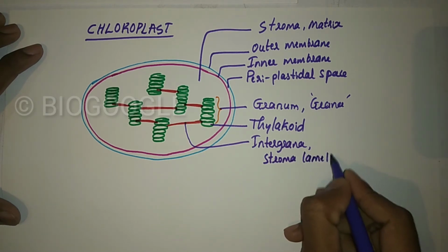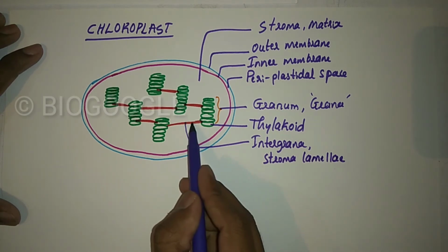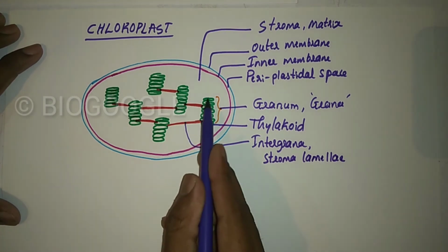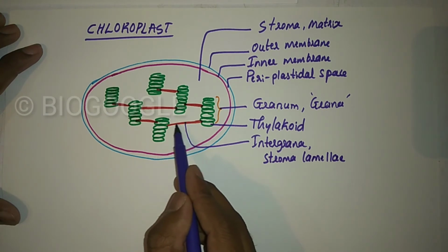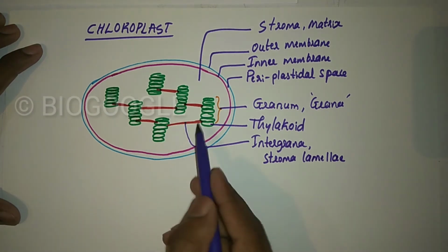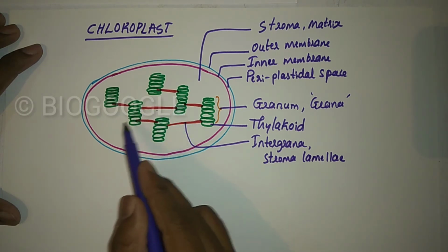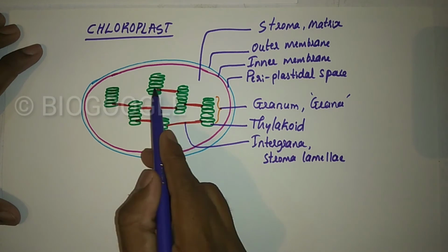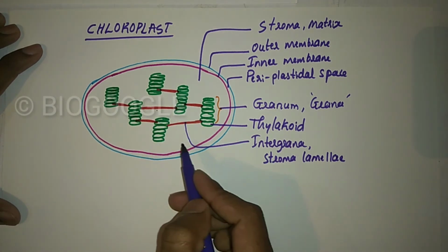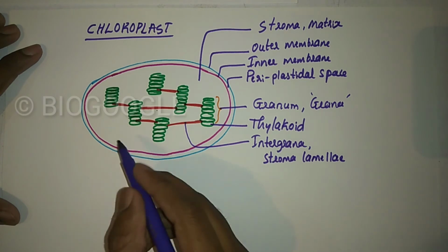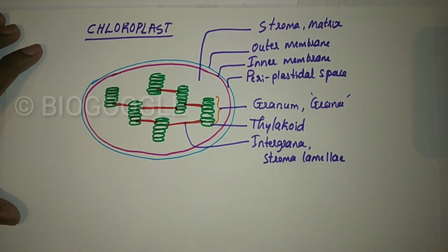Intergrana is the connecting link between two grana: one granum, another granum, and this membrane will connect between them. Like that, every granum is connected to other grana by the help of the stroma lamellae or intergranum, right?